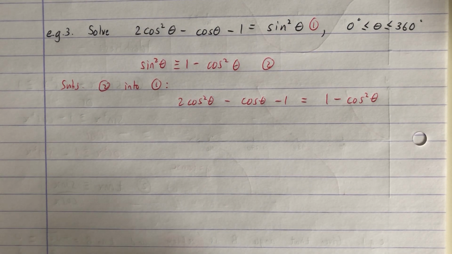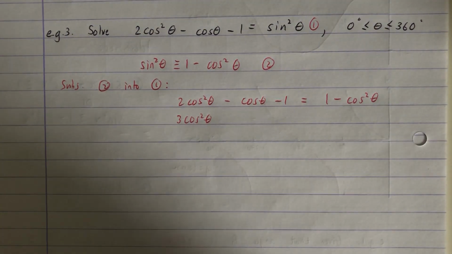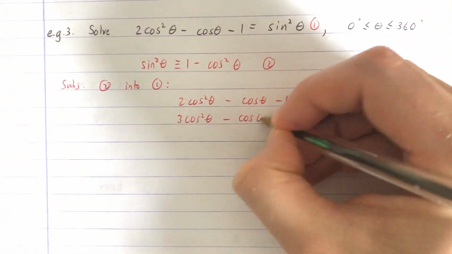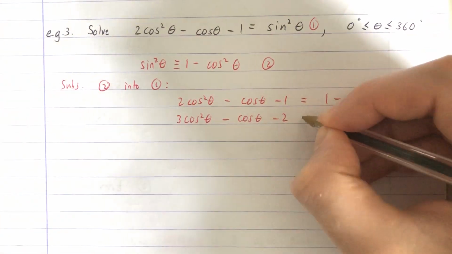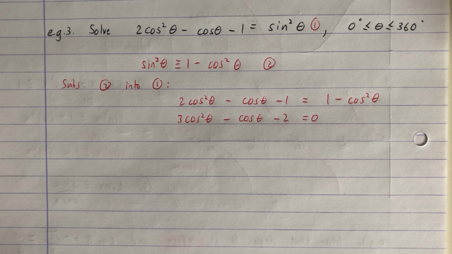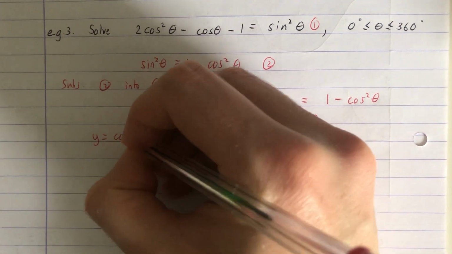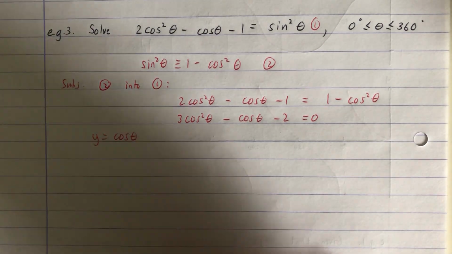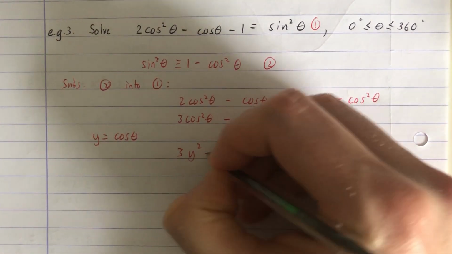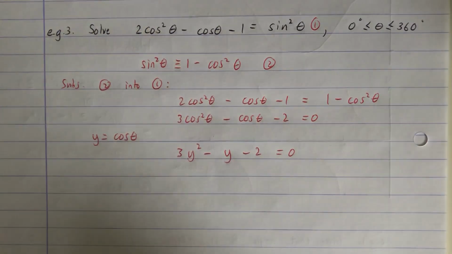Collect like terms. 3 cos squared theta subtract cos theta subtract 2 is equal to 0. Recognize that this is something called a hidden quadratic. If I replaced every single cos theta with the letter y, for example, you'd get 3y squared subtract y subtract 2 is equal to 0.